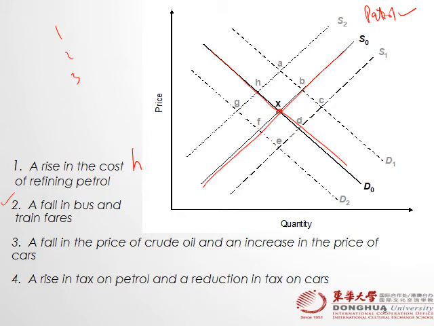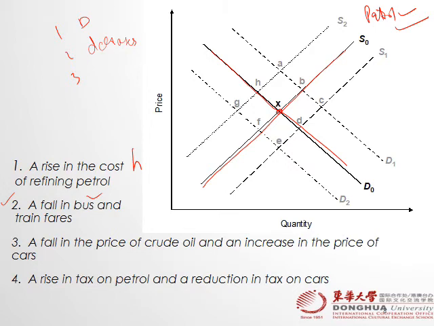The three-step process. This is a case of demand. Yes, demand for petrol decreases when the fare of the bus decreases. We are not talking about the demand for traveling. Many students confuse that. Right now the market is the market for petrol.